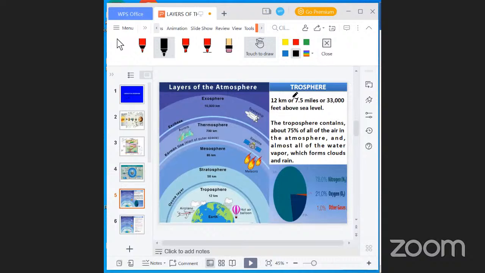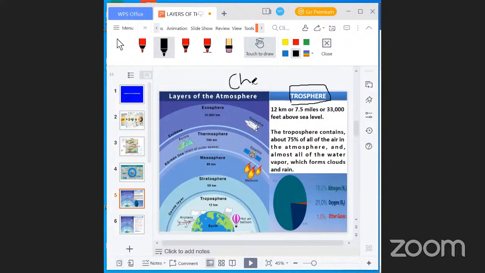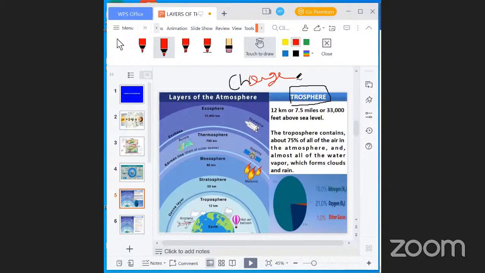So troposphere. First one is troposphere. Tropo means change, right? Change. So it is the first layer of the atmosphere.